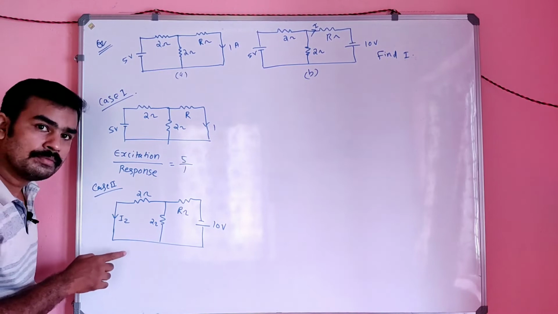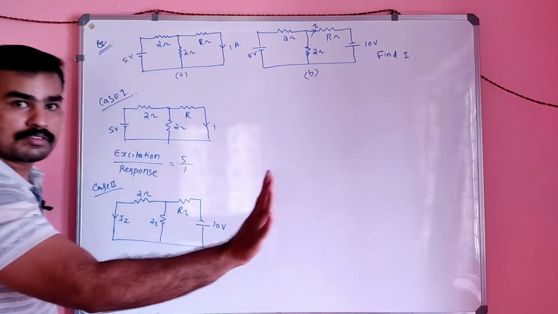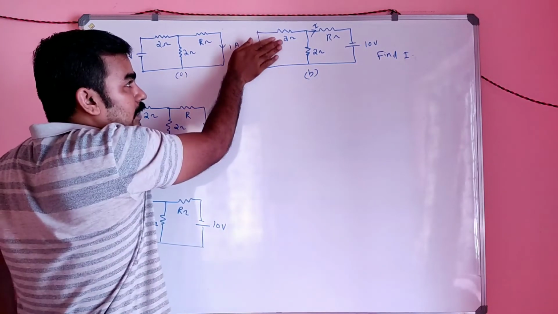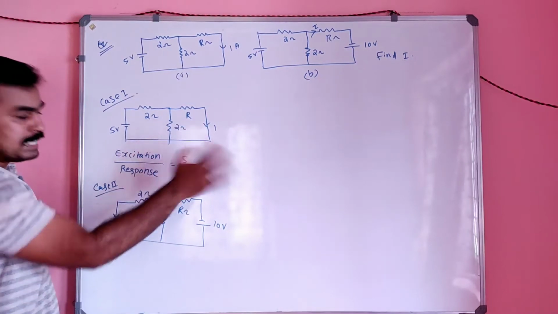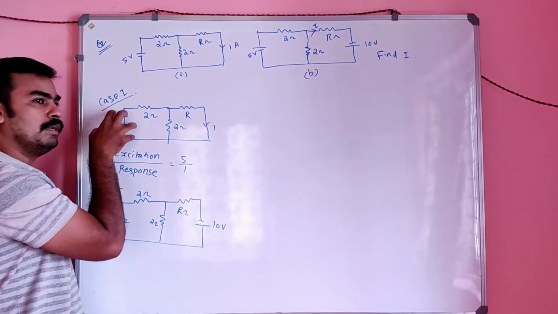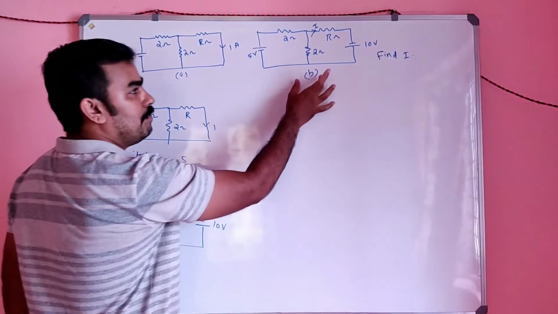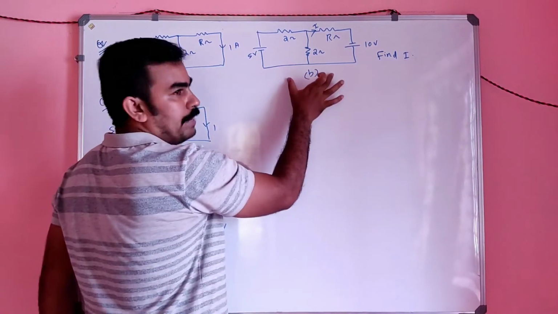In case 2, I only used this 10 volt source. I didn't use this 5 volt. In the second case I use only 10 volt, in the first case only 5 volt. Actually, this is our final circuit now, and this is the hint circuit.